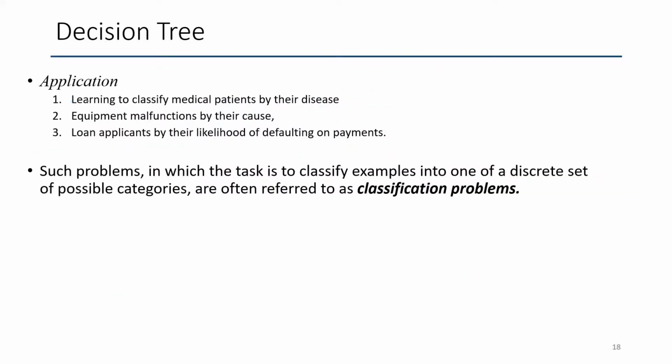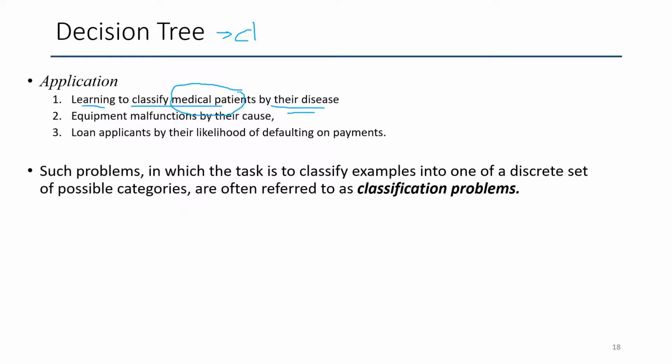Now the applications. Decision tree is a classifier, right? So whenever we have a discrete valued output, we can apply the decision tree. A few sample examples are learning to classify medical patients by their diseases. We have symptoms of different diseases.